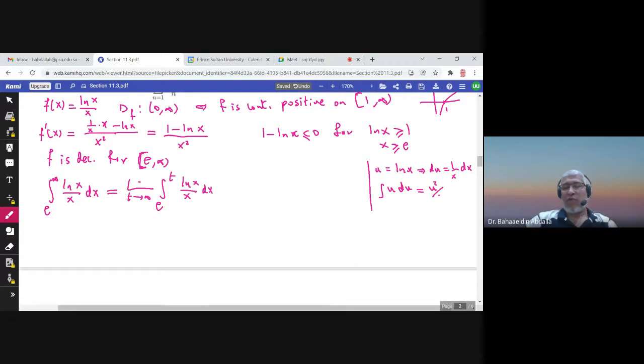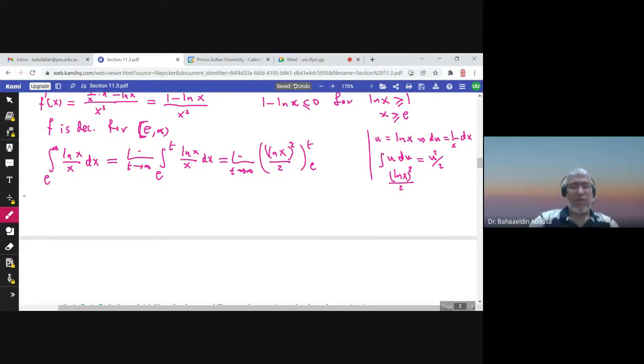And the answer would be u squared over 2, and u is ln x, so (ln x) squared over 2. So now this is the limit as t goes to infinity of the integral of ln x over x, which is (ln x) to the power 2 over 2, from e to t.